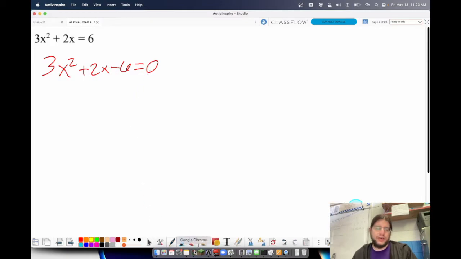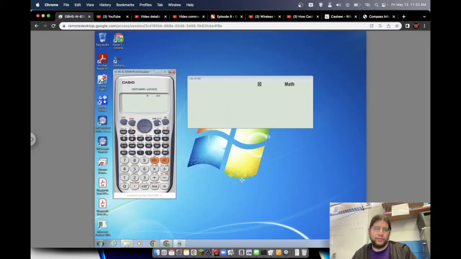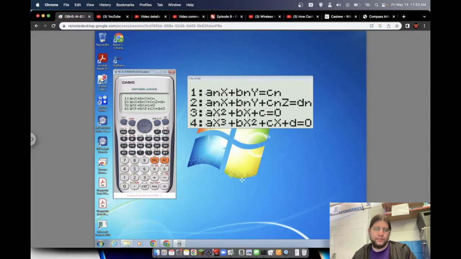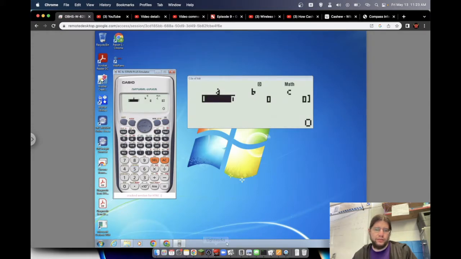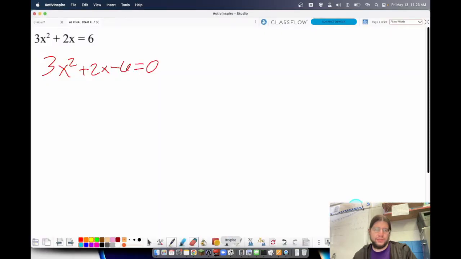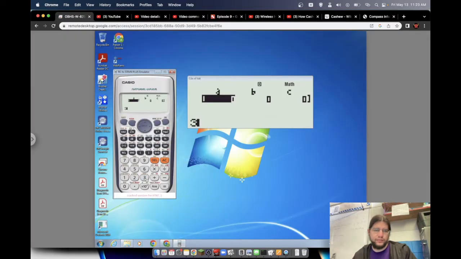We go ahead, take our calculator, mode 5-3, and we type in our coefficients. 3, 2, -6. And we hit equals, we get x1 is that. -1 plus square root of 19 over 3. -1 minus square root of 19 over 3.